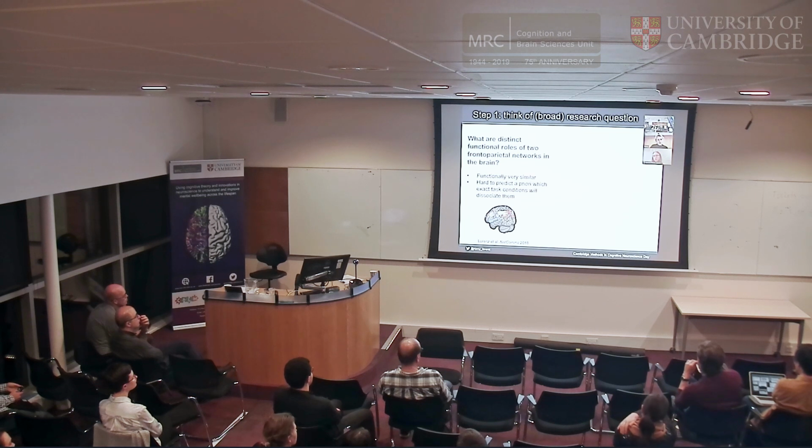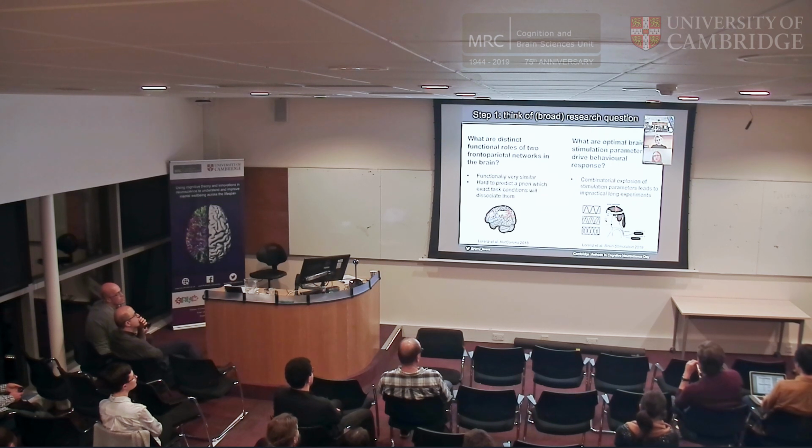Another research question we had was what are optimal brain stimulation parameters that would drive a behavioral response in the subject? With brain stimulation, I think you heard a little bit about it today already, you can probably imagine there are many stimulation parameters like intensity, frequency, etc., or also where to stimulate.